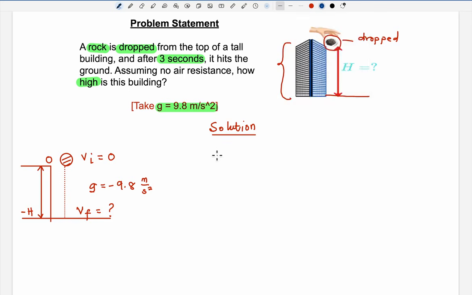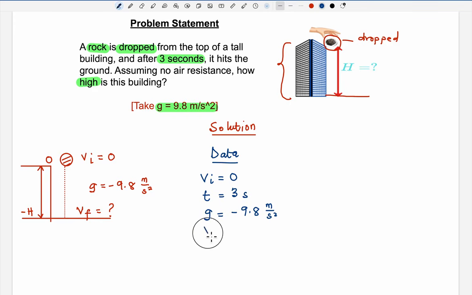All right, so the data that we can take from this problem, the first one is going to be the initial velocity, vi, equals 0, because we are told that the rock is dropped. And then it took a time of 3 seconds to hit the ground. Now, we are given g, that is acceleration of free fall. In this case, it's pointing downward, so it's going to be minus 9.8 meters per second squared.